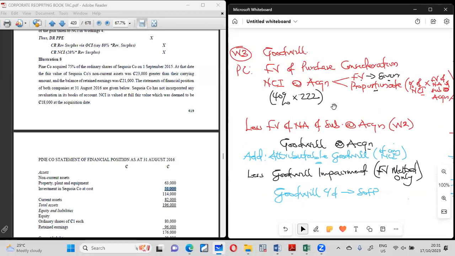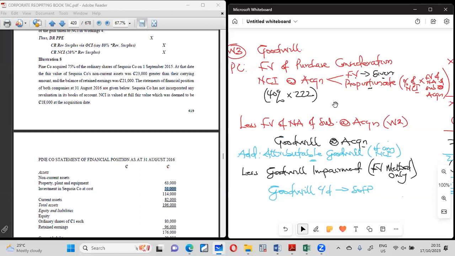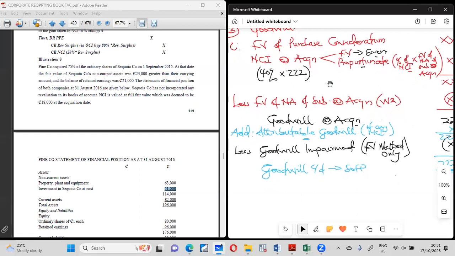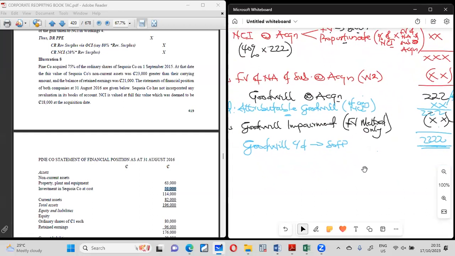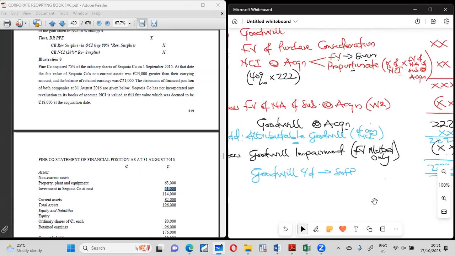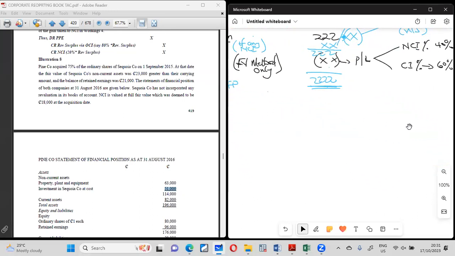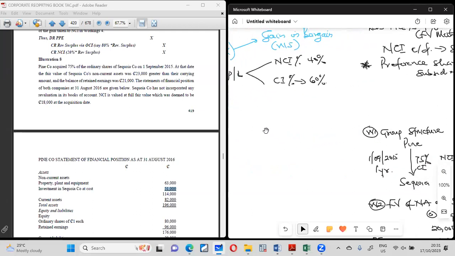There's nothing like share over here. It's NCI at acquisition. So please practice it so that it will be on your fingertips. You have 1 week before we meet again. If you practice, fine. If you decide not to practice, that one too is fine.